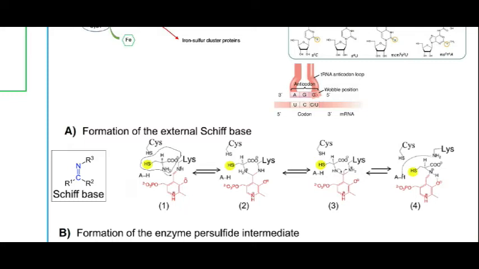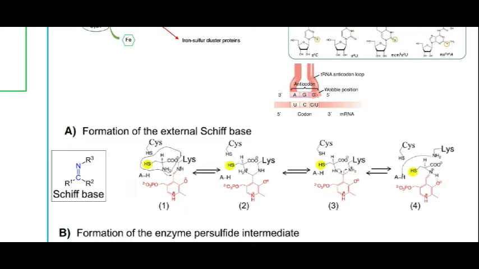So this vitamin B6 is in here as what's called a Schiff base bound to this lysine in the ISCS. Over here is sort of the general or generic depiction of a Schiff base, which is this nitrogen double bound to a carbon.